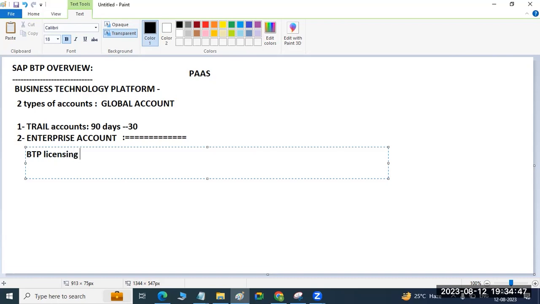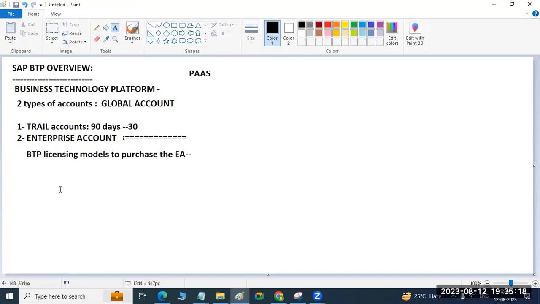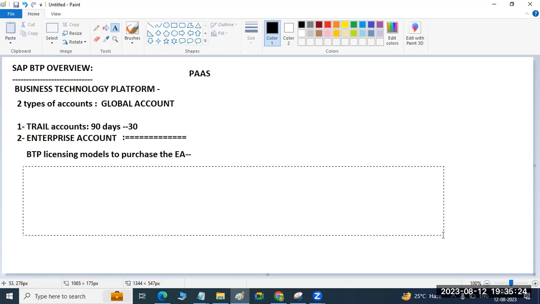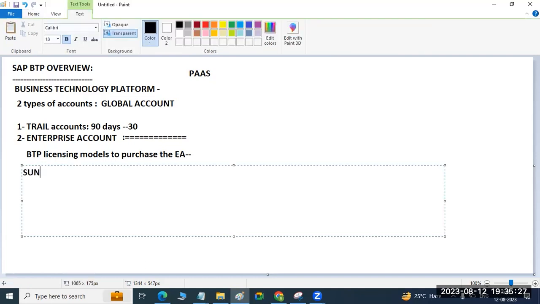To purchase your enterprise account, you need to know some information about your licensing model: how the payments will be, and at what time we have to pay the license for BTP. So we need to know that information, and we are going to discuss it now. So, BTP license models: two types of licensing models are available here. One is the subscription-based model, right?